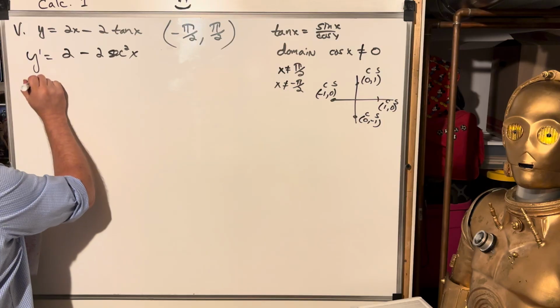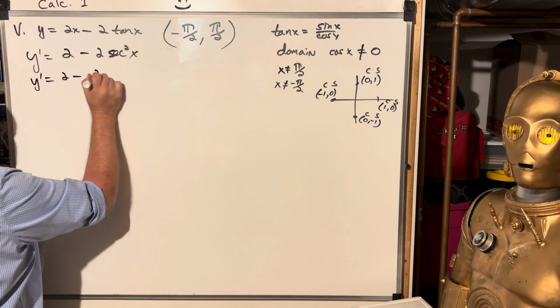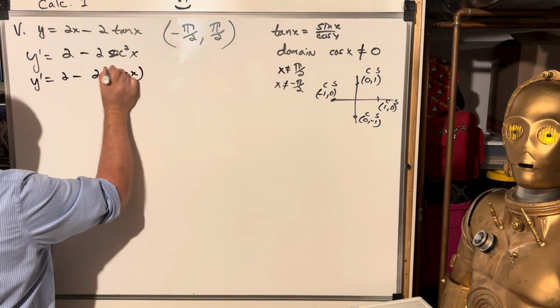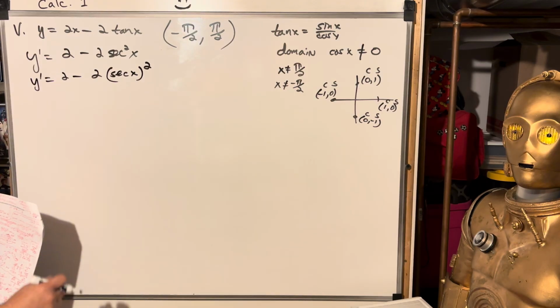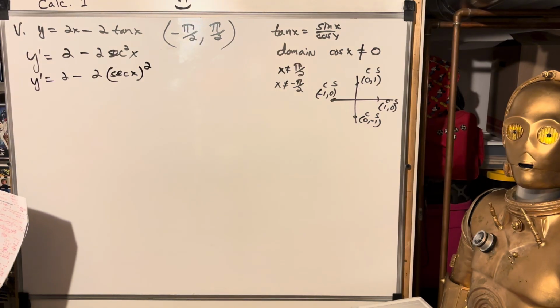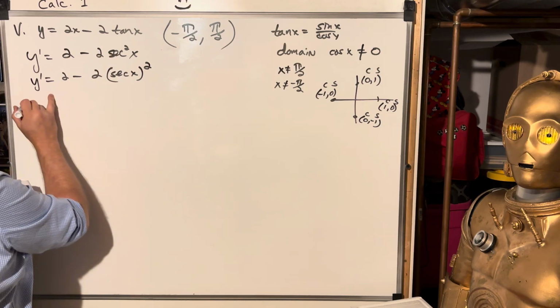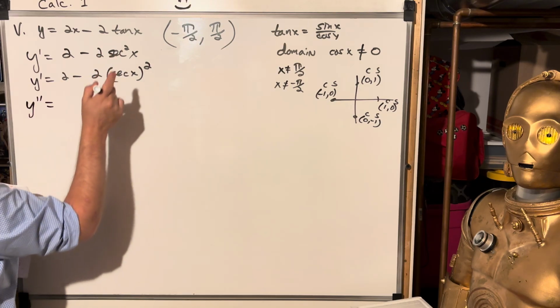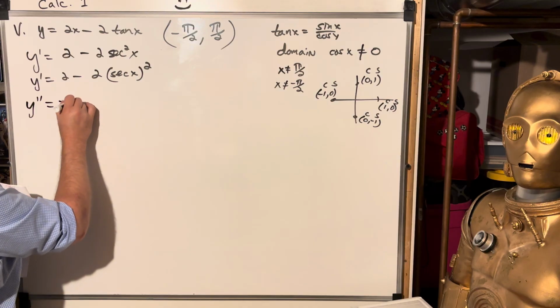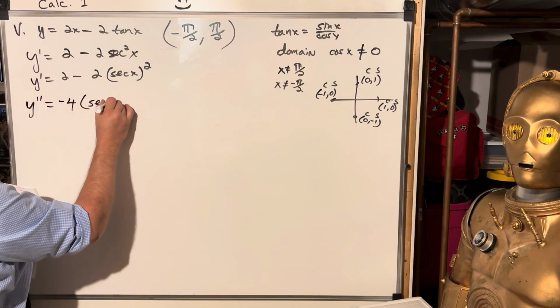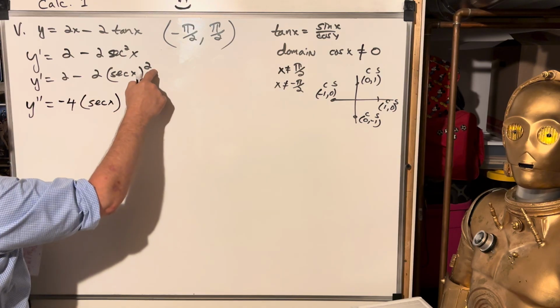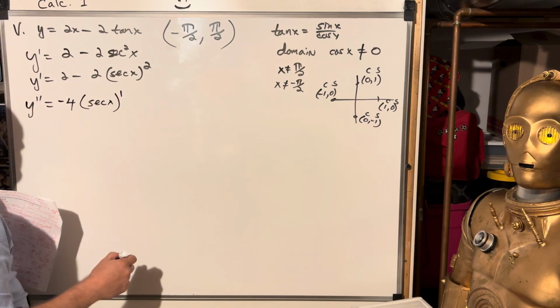We could rewrite it like this, so it's a little easier to take the derivative when it looks like that. All right, so second derivative: that's gone. This times this, negative 4, and then we write the secant x, and then we take 1 off of there, so 1.